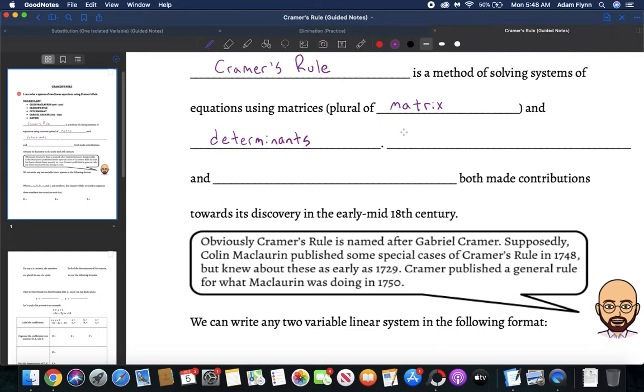Okay, and the people we were talking about, we've got Colin McLaurin and Gabriel Cramer.